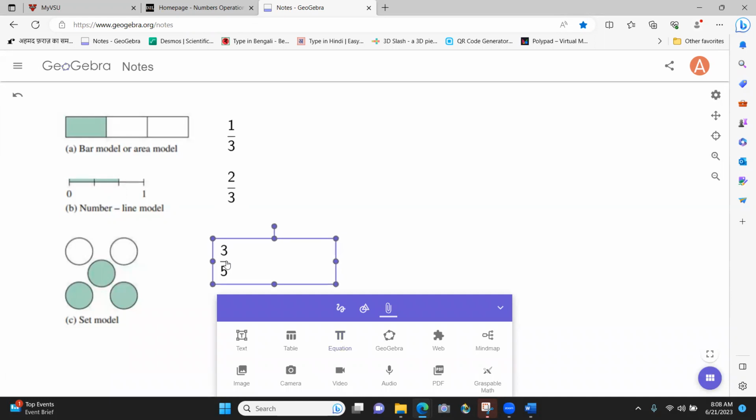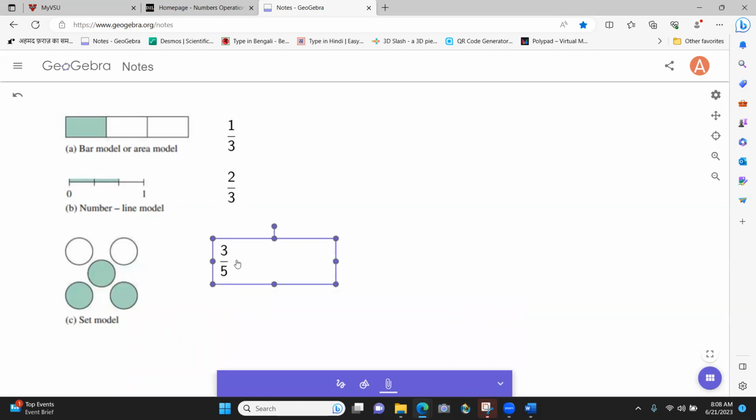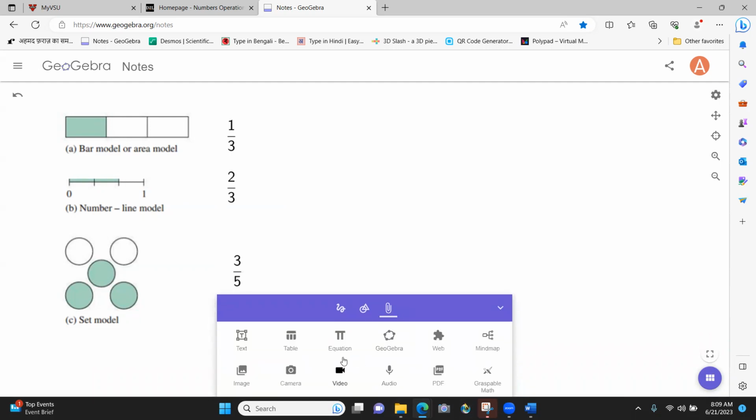So these are 3 types of representations of fractions. They're all visual, but one is called the bar model or area model. The other one is called the number line model. The third one is called the set model or discrete model. Let me see if I can spell it right. Discrete model. Both are correct. I've seen both.